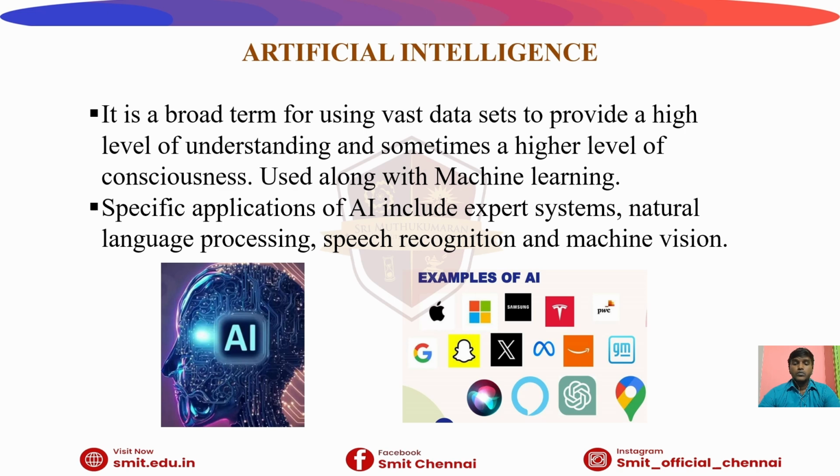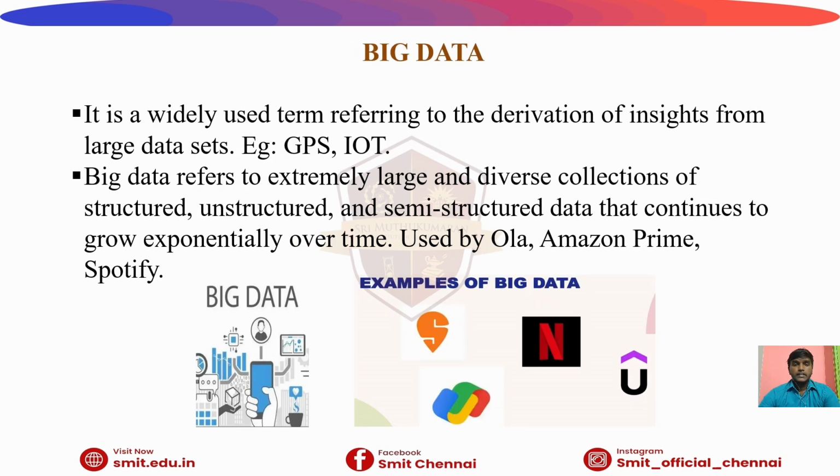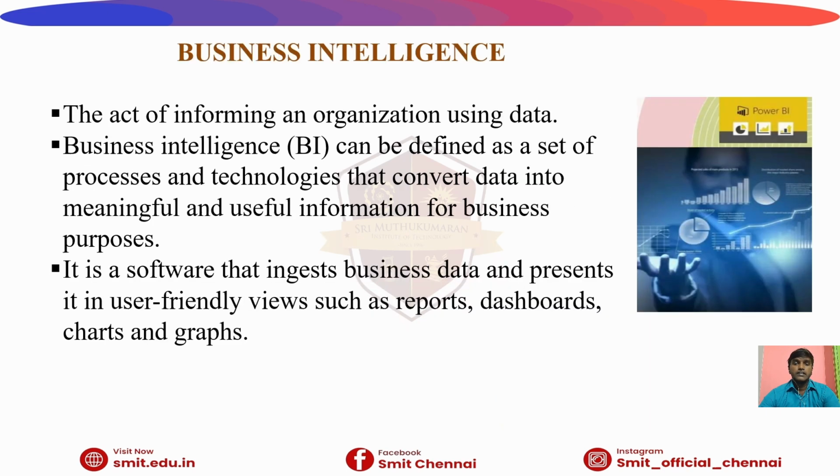It's not just robots, it's algorithms that learn. Next, big data. This term refers to extremely large data sets that cannot be processed using traditional methods. It's characterized by volume, velocity, and variety. And examples also are given in the slides.